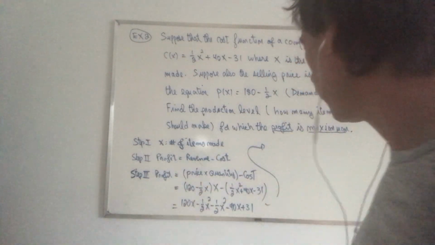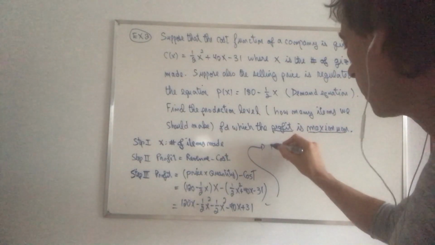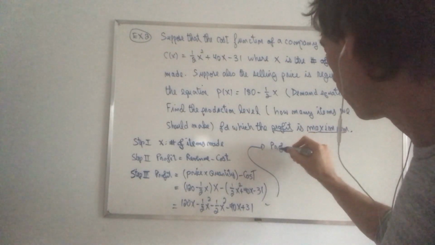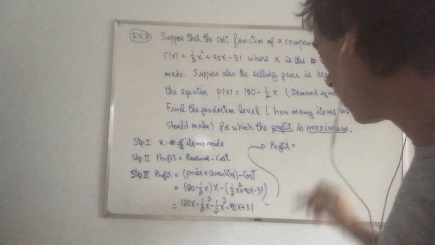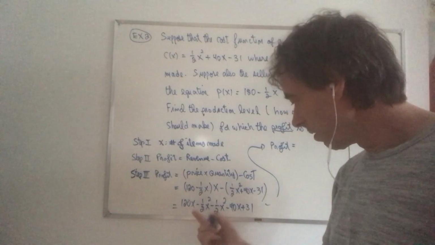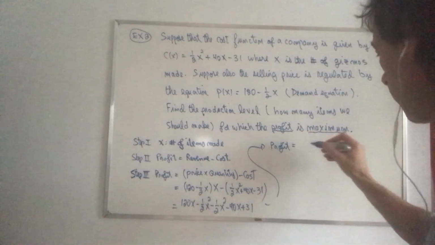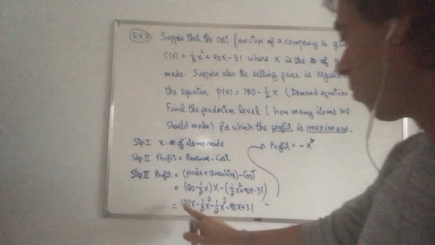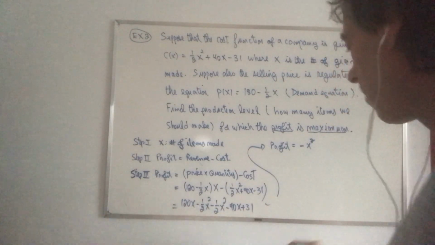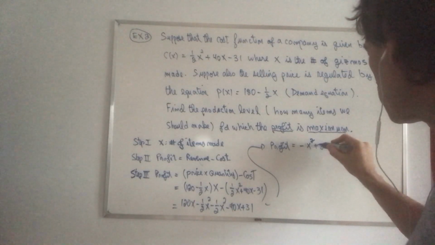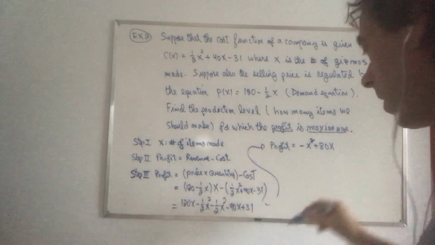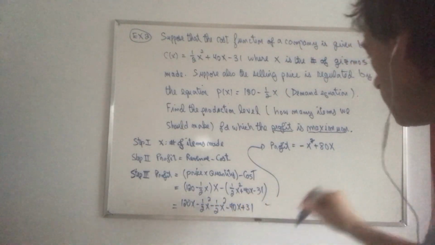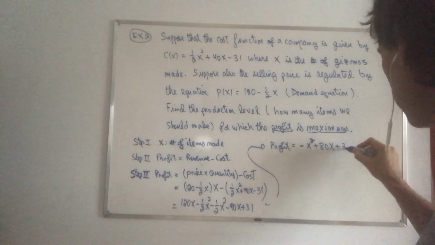Let's go over here, and I get that my profit is, when I collect my like terms, minus a half x squared minus a half x squared is minus x squared. 120 minus 40, that's plus 80x. And where is my constant? It is here, plus 31.